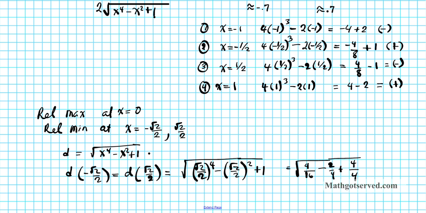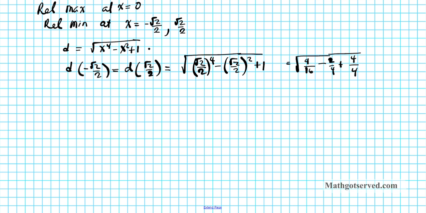We can reduce 4 over 16 to 1/4. So we have 1/4, minus 2/4, plus 4/4, which equals the square root of 3/4, which is root 3 over 2. Okay, so that's the minimum distance.